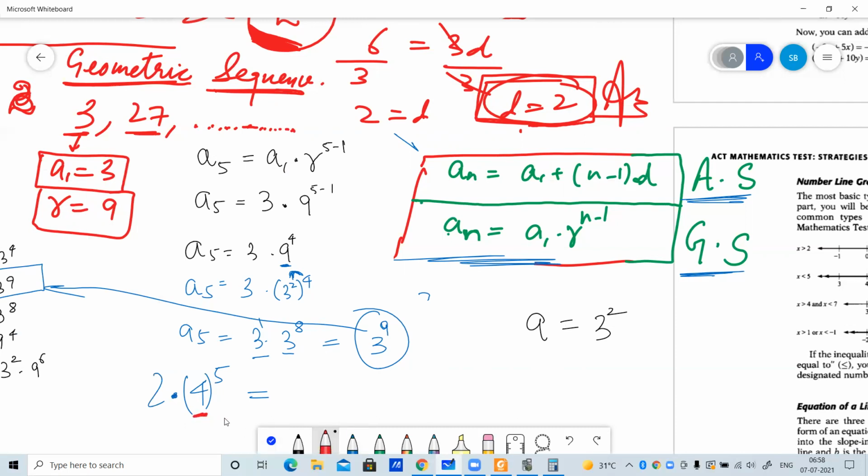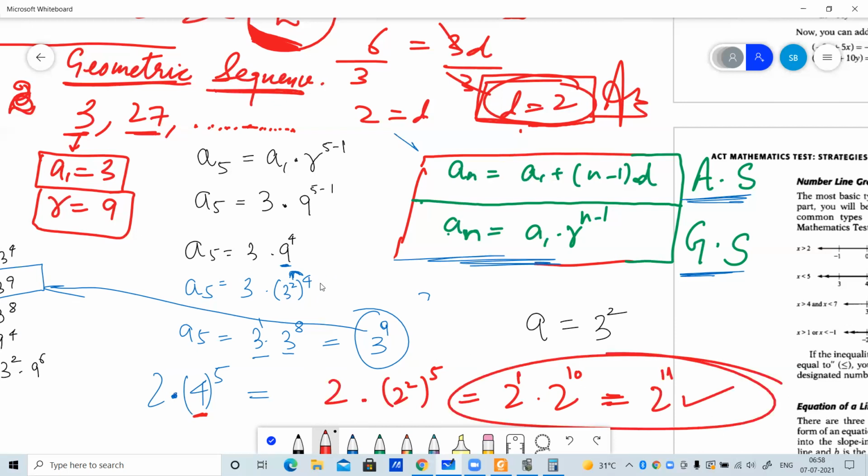Change 4 to 2 to the second power. So you got it now. So 2 times 2 squared to the 5th power. And what do you do with a power raised to a power? Multiply them. So 2 times 2 to the 10. So how much will it be? Two to the 11. Right, so that's it, you did it.